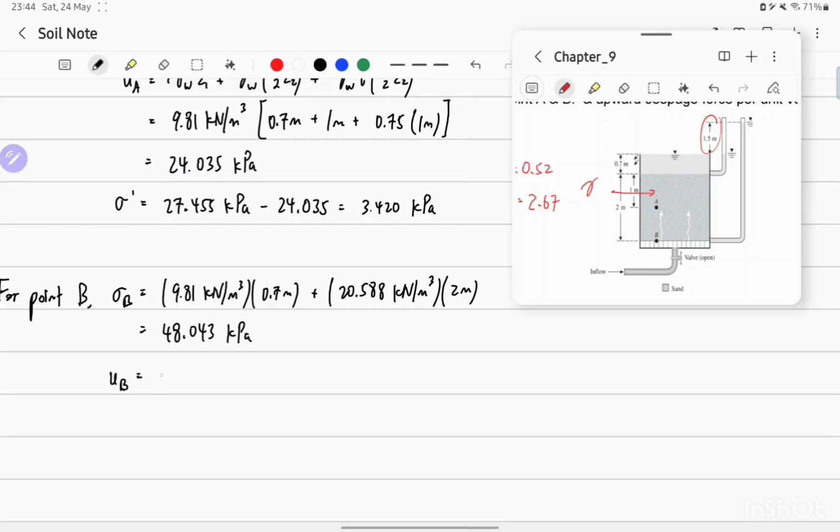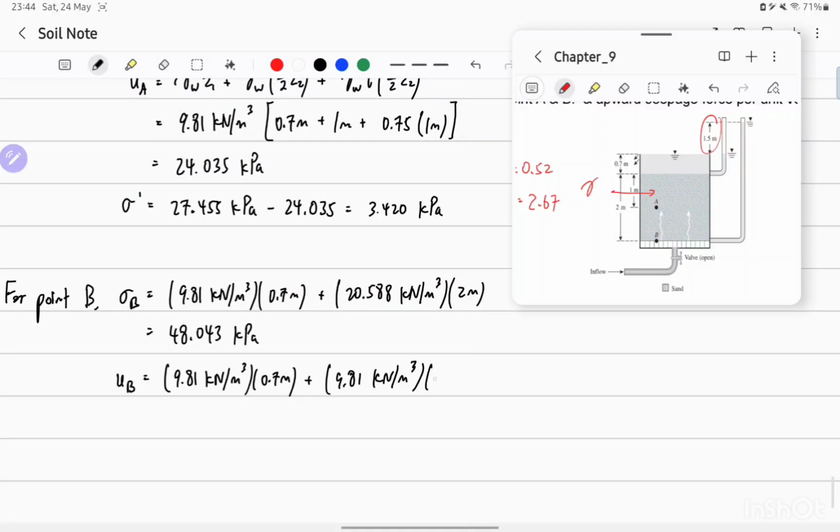Pore pressure: this is in the water layer, then the whole layer is 2 meters plus the seepage, 0.75 times 2 meter. You can factor the unit weight of water out.